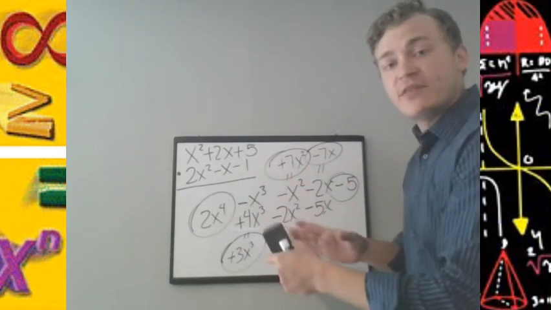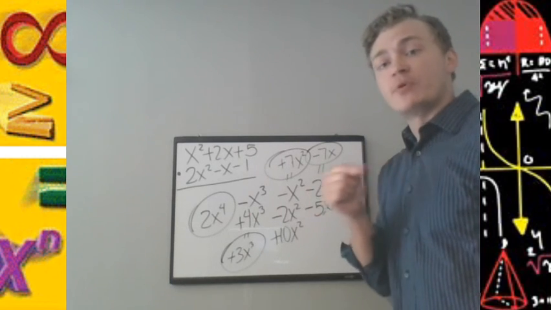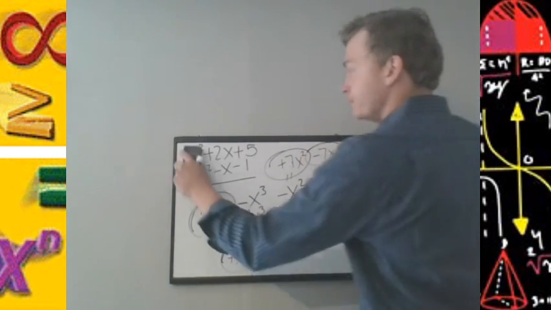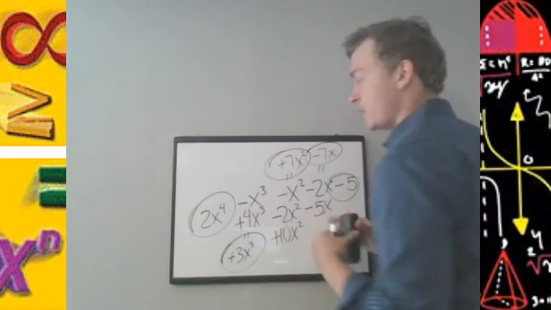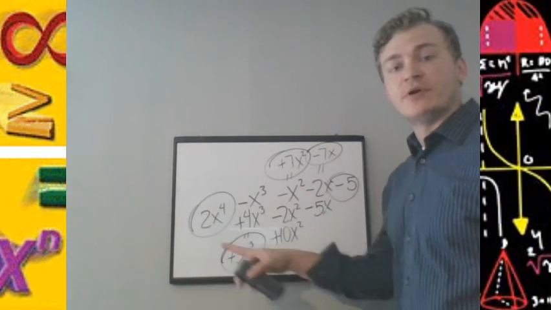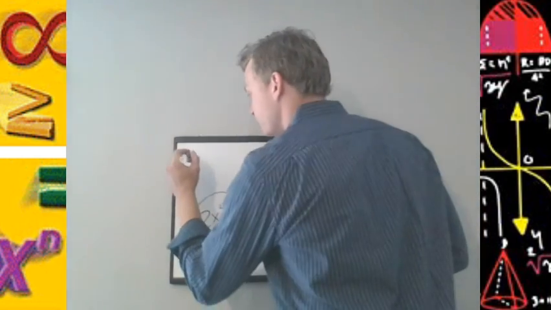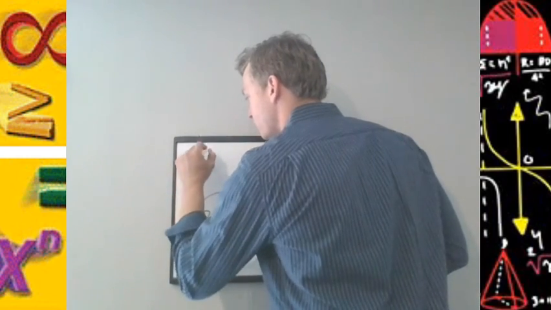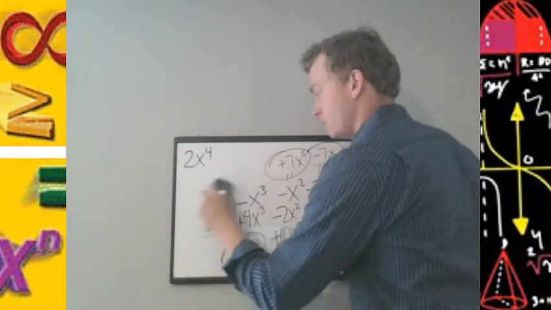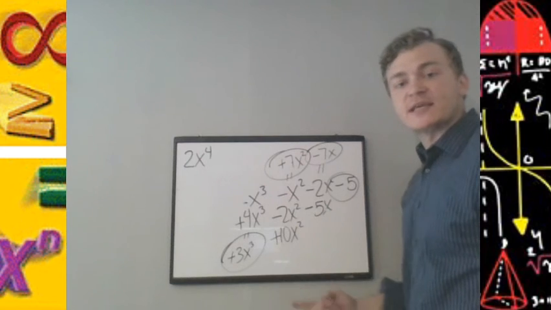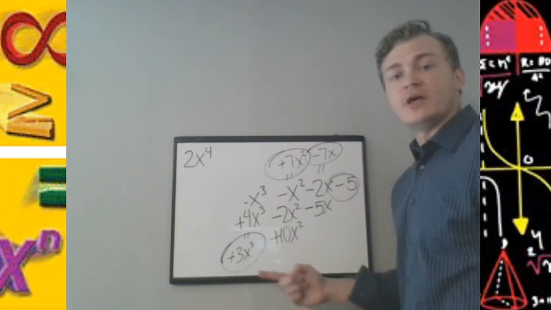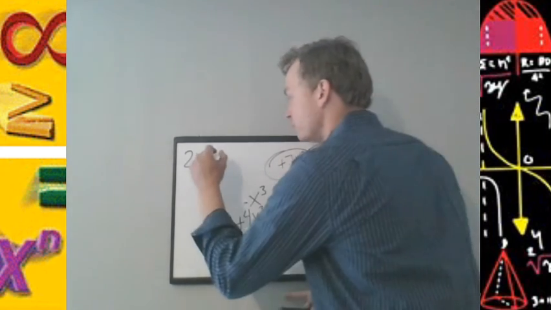But now putting it together, let's write out a proper standard form polynomial. Our first term, largest exponent, 2x to the fourth power. Our second term, plus 3x cubed.